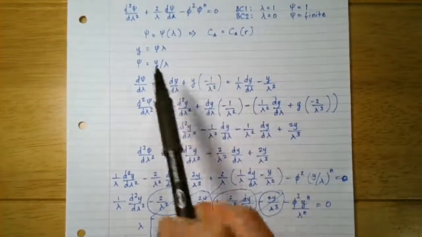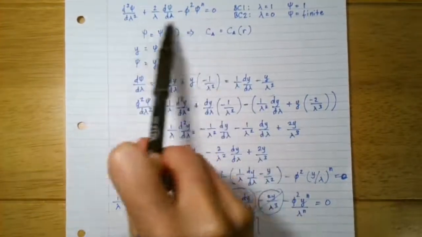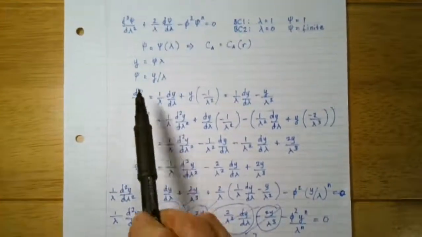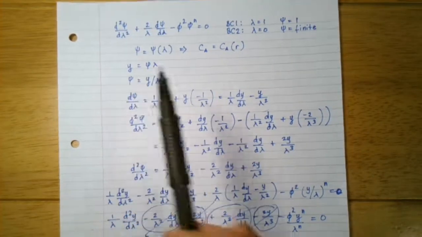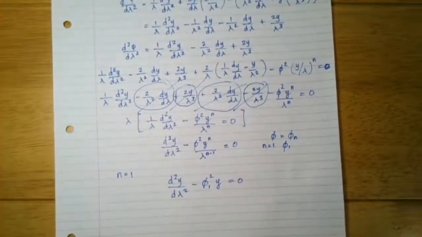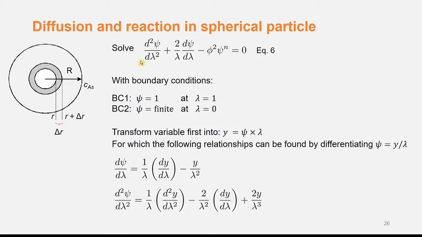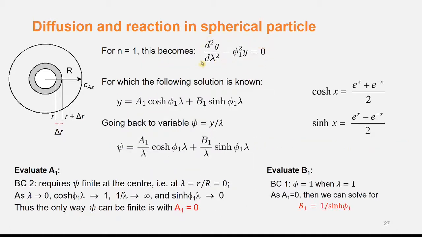Okay, so we have simplified our differential equation to this one by transforming it using this transformation. We have transformed our differential equation into this, which is for a first order reaction.